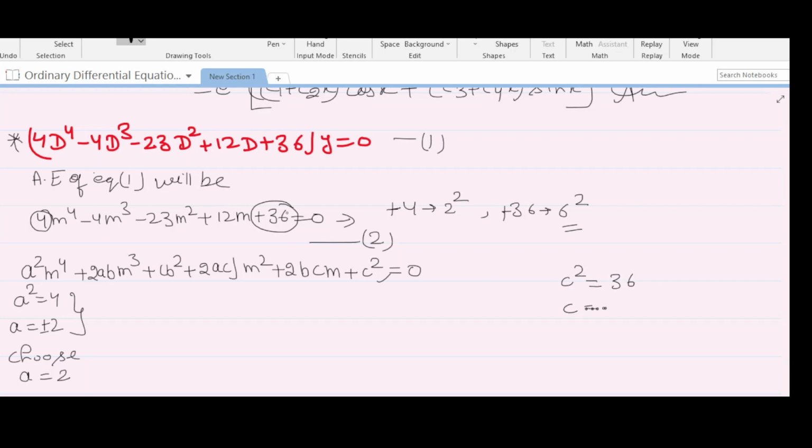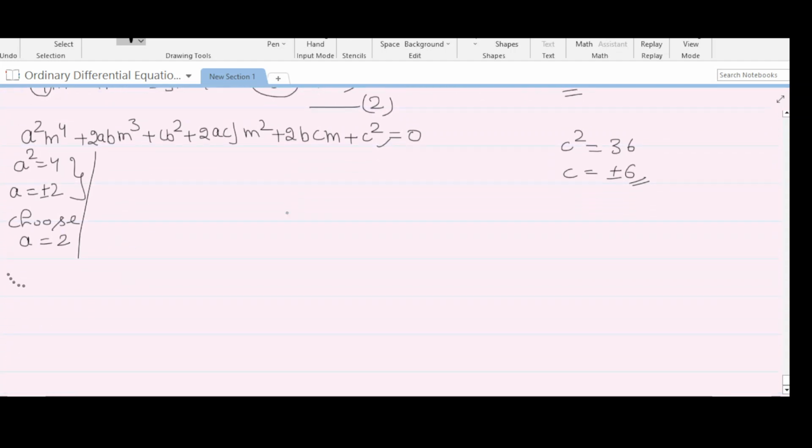The value of c will be plus minus 6. We will have to see which value is applicable. Now, after getting the value of a, we will get the value of b. So I told you earlier, this is step 1, right? This is step 2, and next will be step number 3.